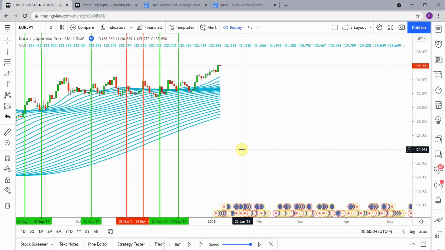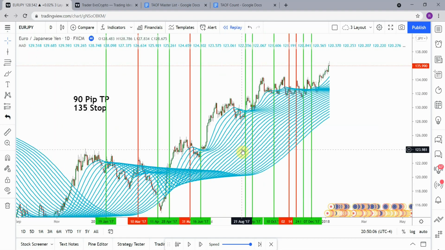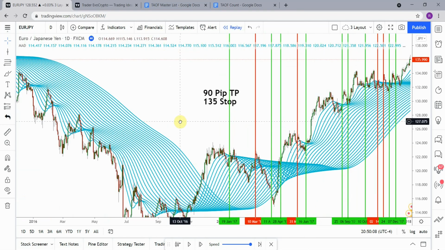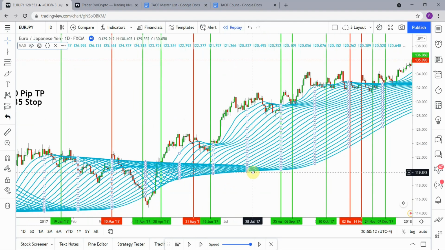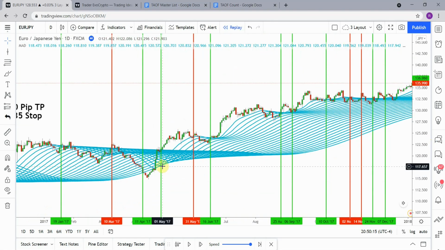Okay, so back to the indicator here. Let's see what we get out of this. Sure, we're in focus. There we are. All right, so we get 1, 2, 3, 4, 5, 6, 7, 8, 9, 10, 11, 12, and 13. So we have 13 trades altogether, and we have 1, 2, 3, 4, 5, 6, 7, 8, and 9 winning trades.